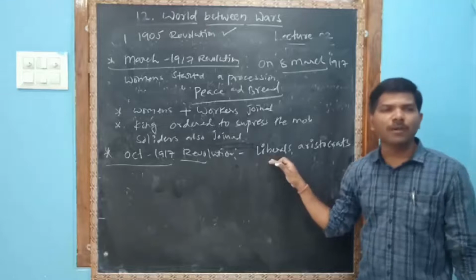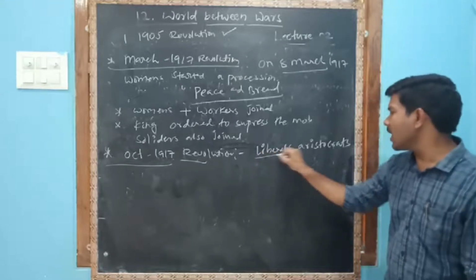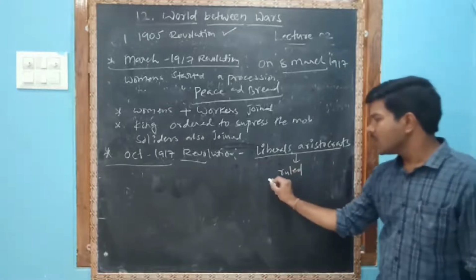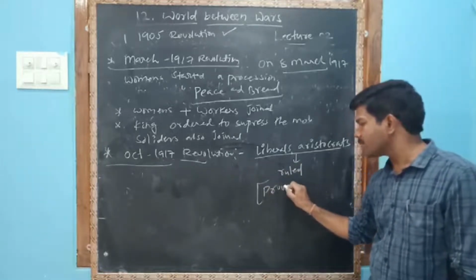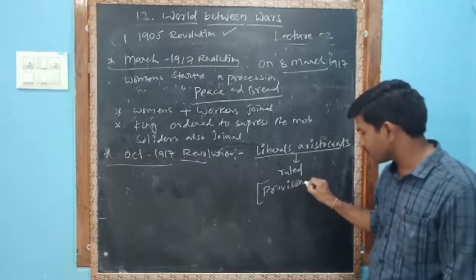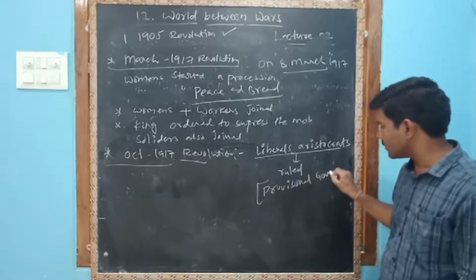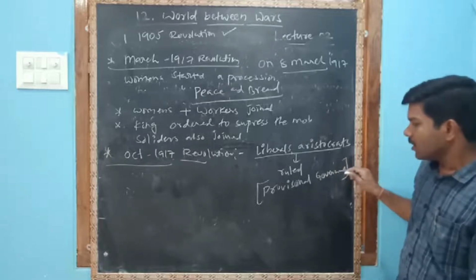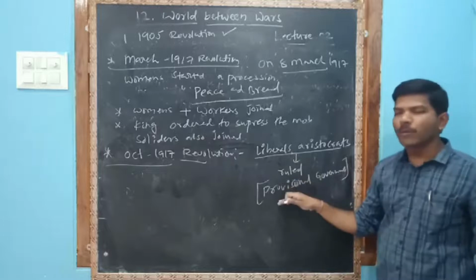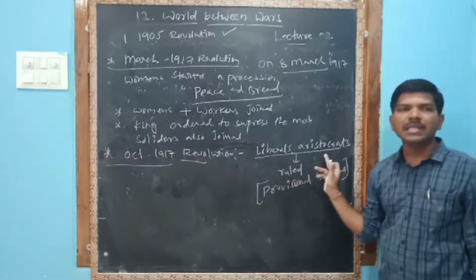Liberals means a group of members. They set up a provisional government. This provisional government was set up by liberals and aristocrats.